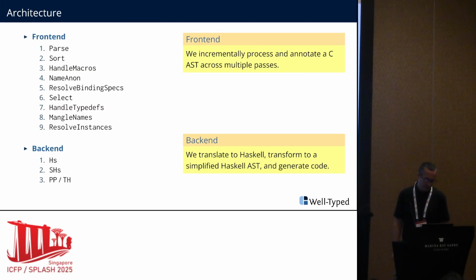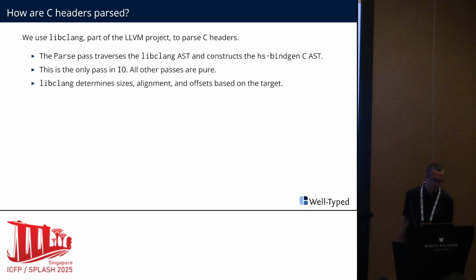And then we have a backend that takes the final AST from the front end and translates that to a Haskell AST, transforms that to a simplified version, and then goes through the preprocessor or Template Haskell backends for code generation. So today I plan on going through a few common questions that will illustrate the design of this project, and then go through one case study.